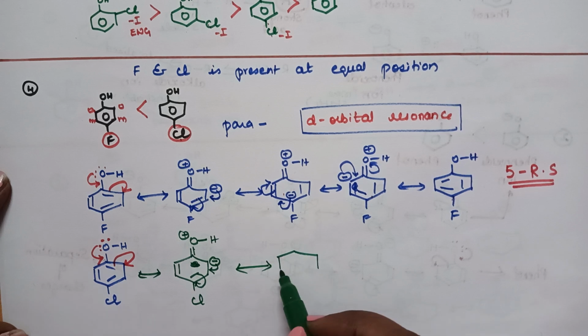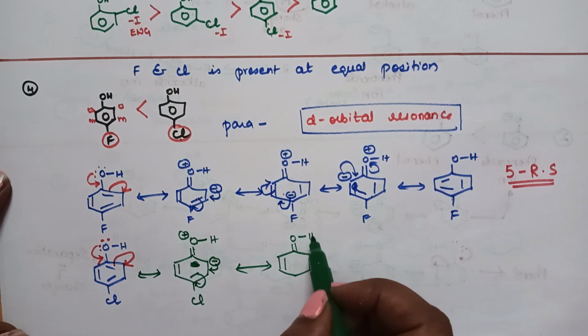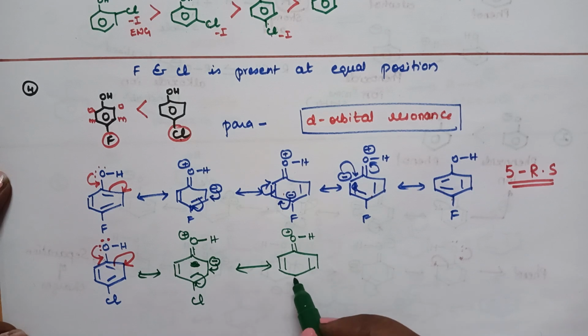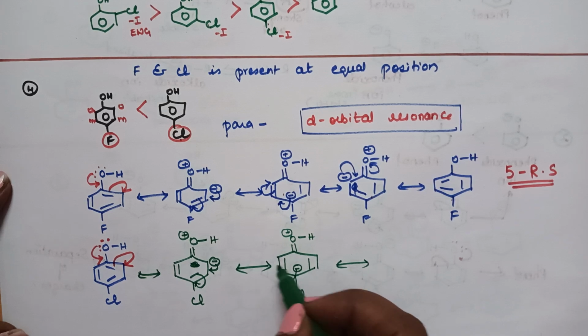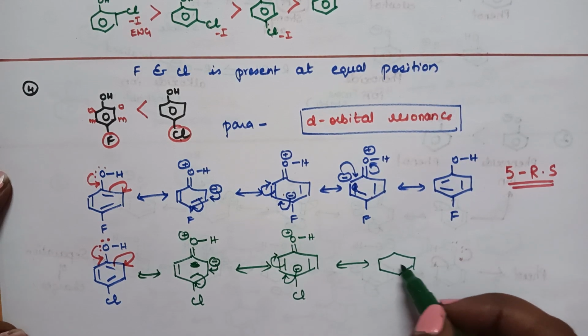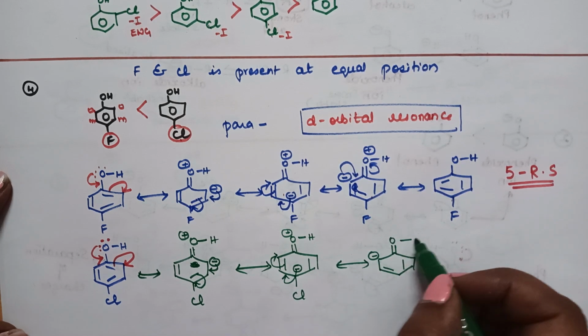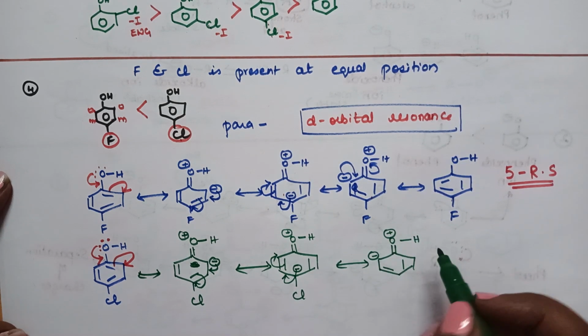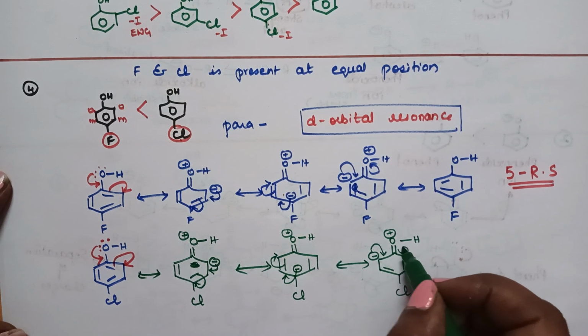So you will be getting negative sign here. Negative sign shifts here, bond shifts here. Shift this negative sign here and then bond.